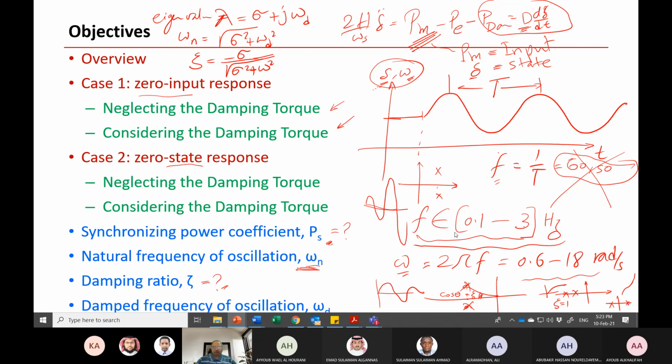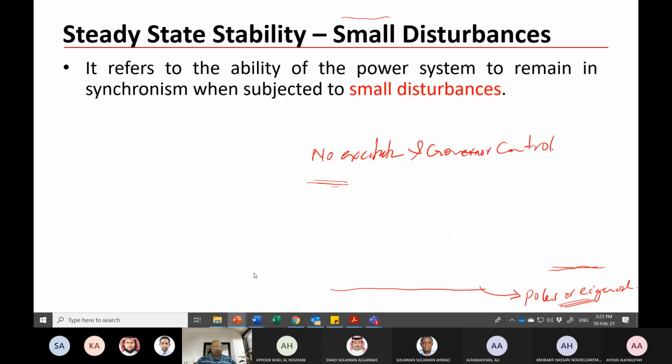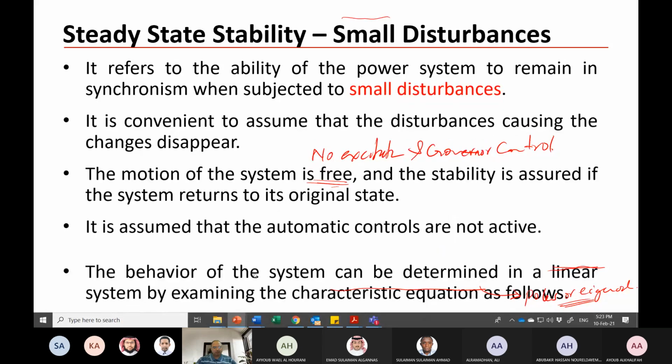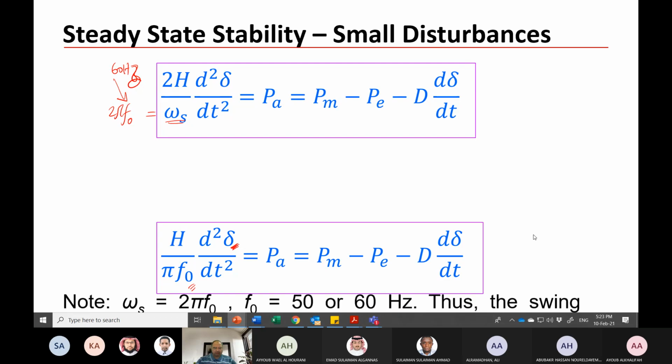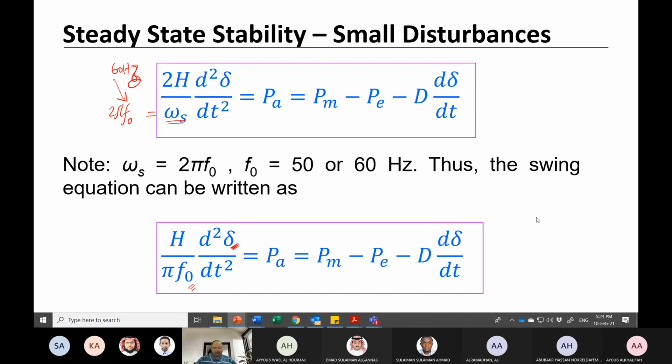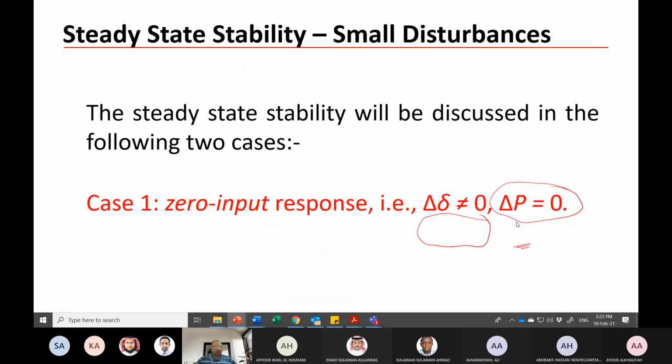This is the oscillation frequency, 0.1 to 3 hertz. Small disturbance means we can linearize, and this is the swing equation. We can replace just omega s by 2 pi f, so it becomes equal to this. And this, of course, for 60 hertz or 50 hertz, you can substitute.